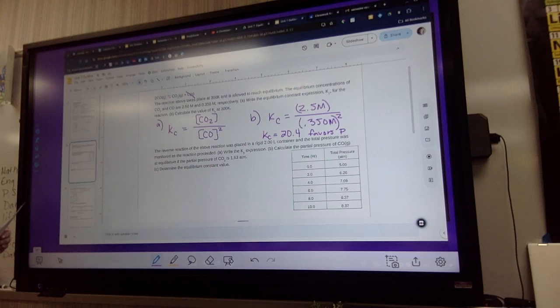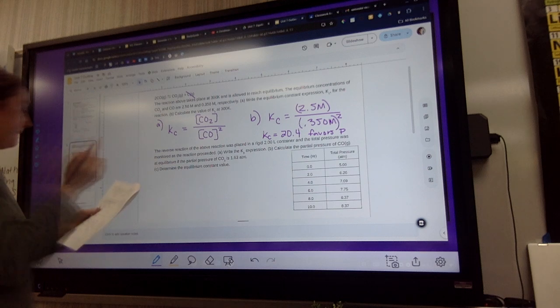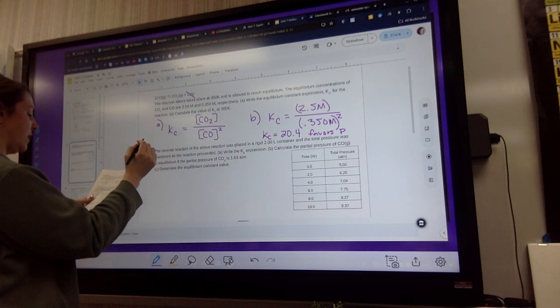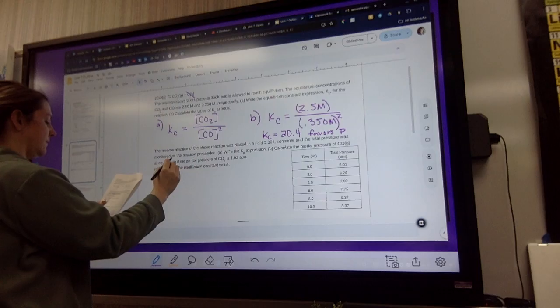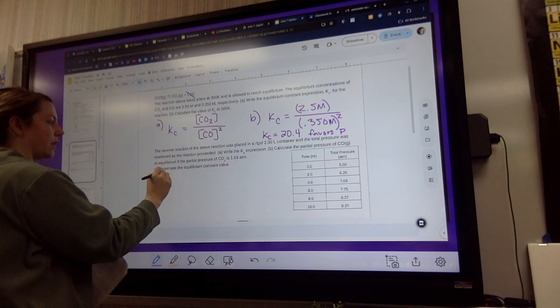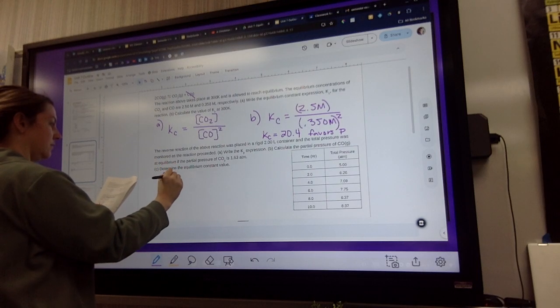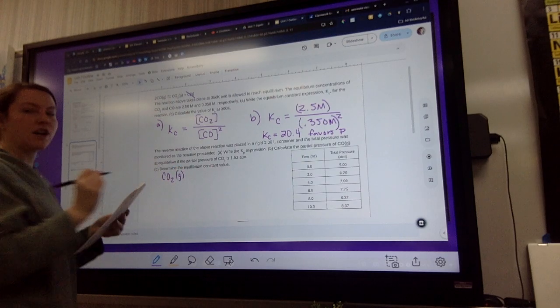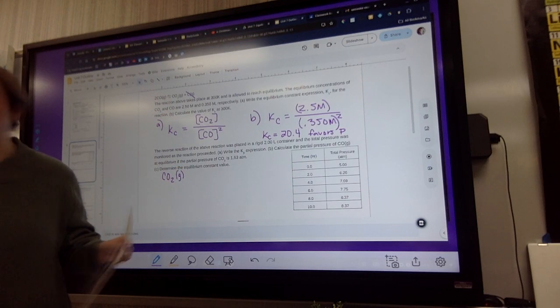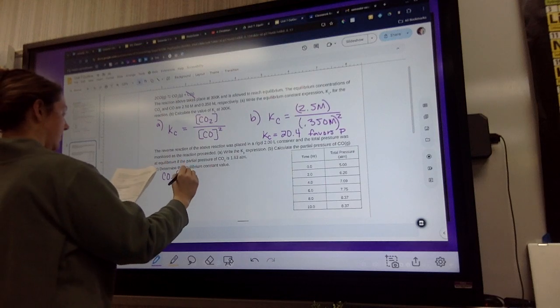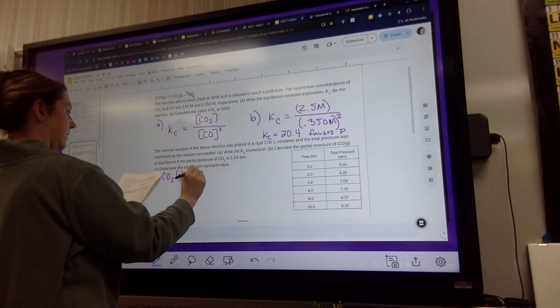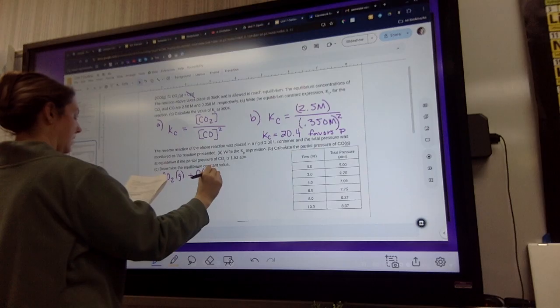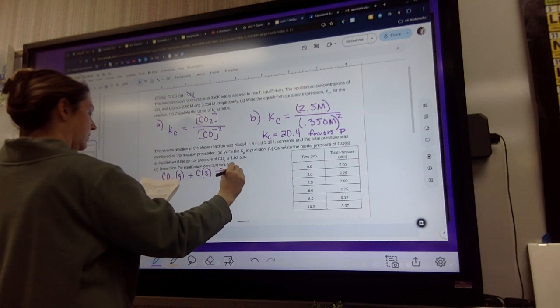Did I write it down? Yes, I did. I don't know why I didn't. Weird. Well, it's CO2 gas. Or is it on yours? No. Okay. CO2 gas plus carbon solid yields 2CO gas.